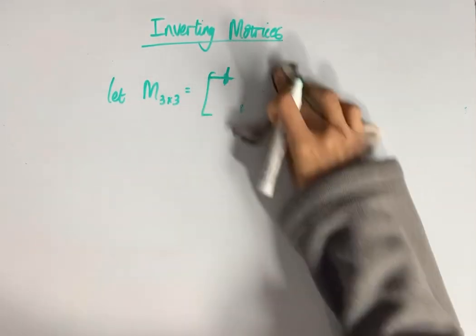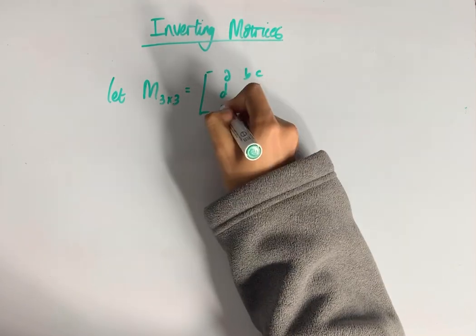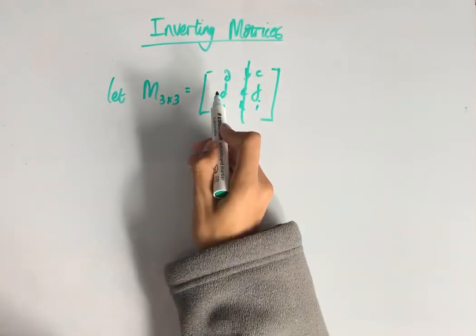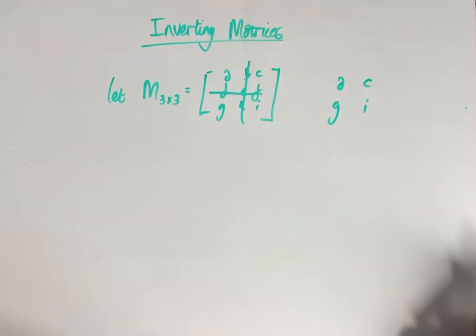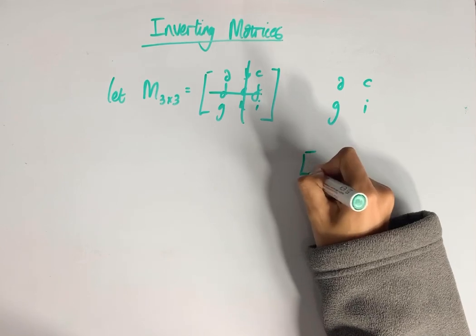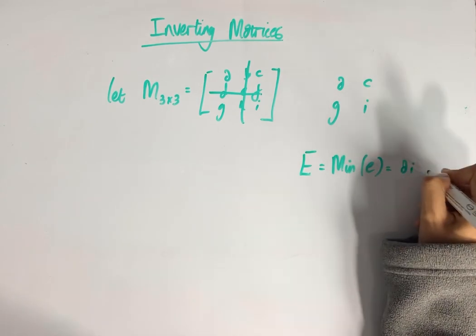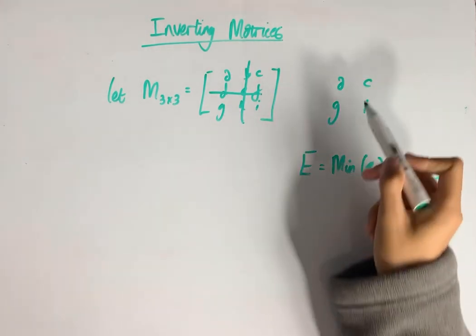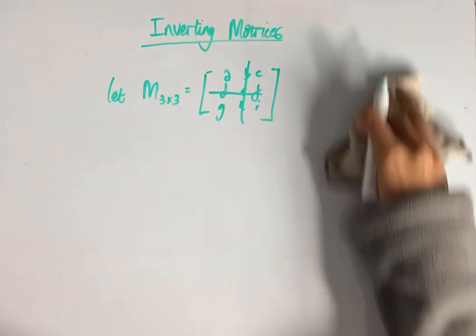So take, for example, E. If we want to find the minor of E, this line goes through E, and this line goes through E, and the remaining elements are A, C, G, and I. And so you find the determinant of this, treating it as a 2 by 2 matrix, which would mean the minor of E equals AI minus CG, because AD minus BC in terms of the 2 by 2 matrix. So what we have to do is we must form a matrix of minors.